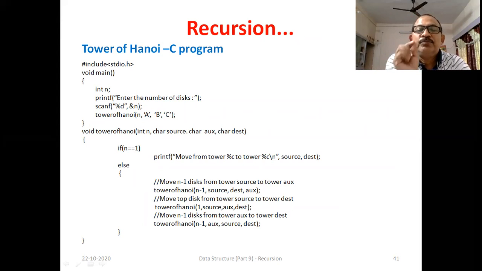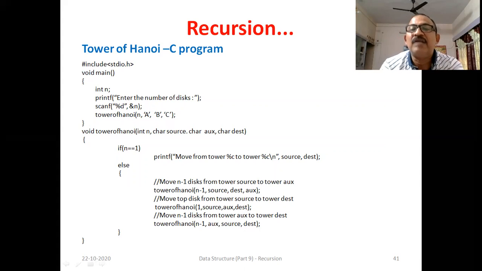What we did, we moved the source to auxiliary. Here you can see the names of the parameters: source, destination, and auxiliary. So here we move the n-1 disks from source to destination.